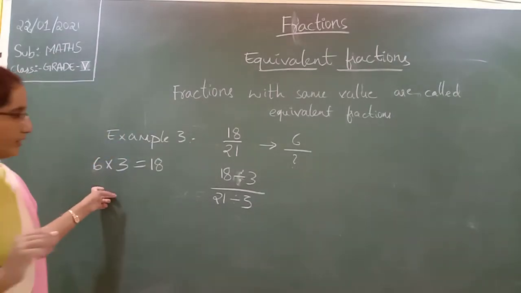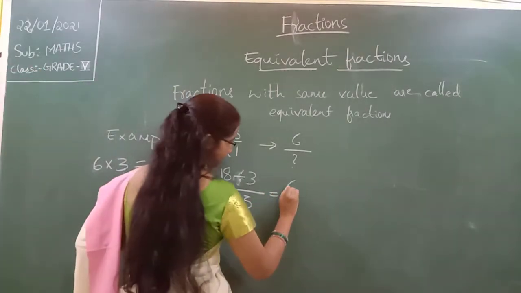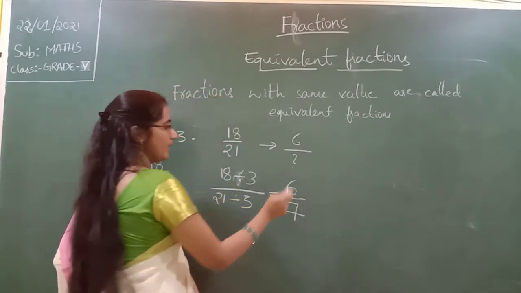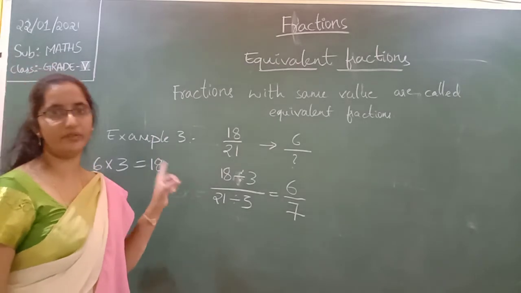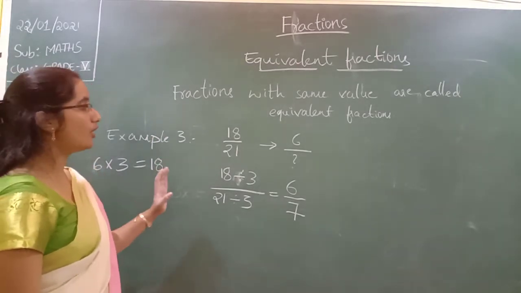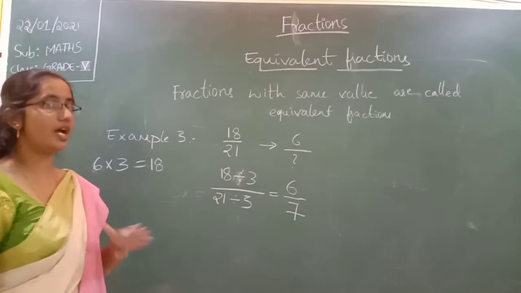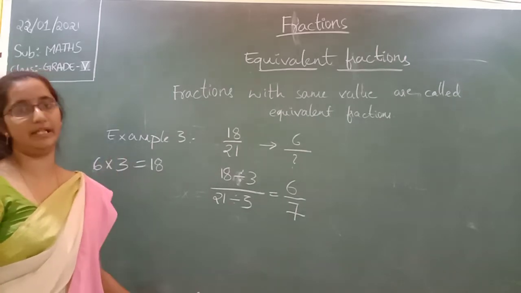So what will you get? 6 by 7. 6 by 7 is the equivalent fraction of 18 by 21. For the lower terms, we always have to divide. For the higher terms, we always have to multiply.